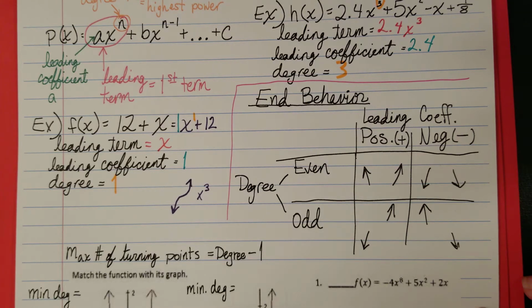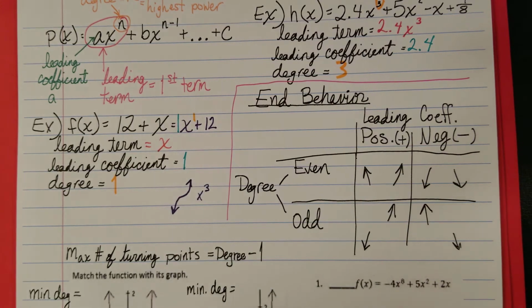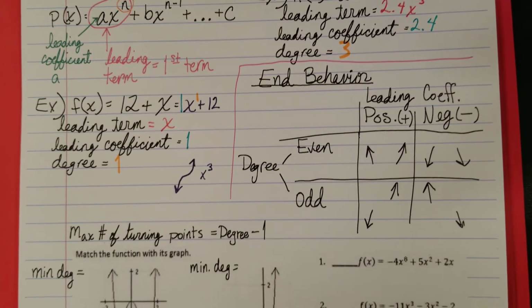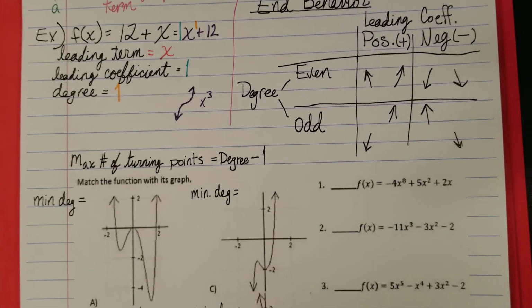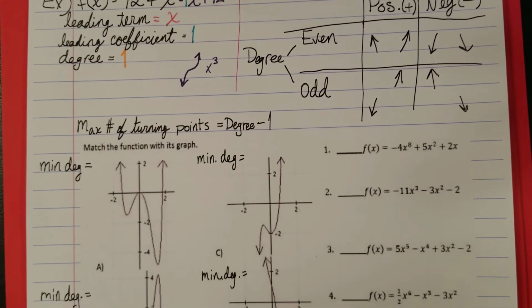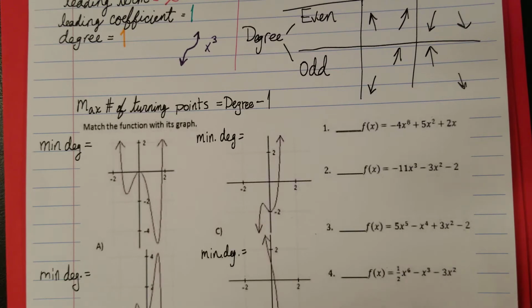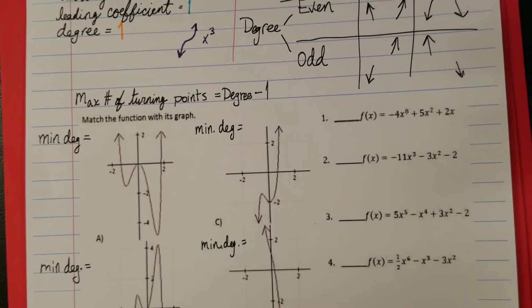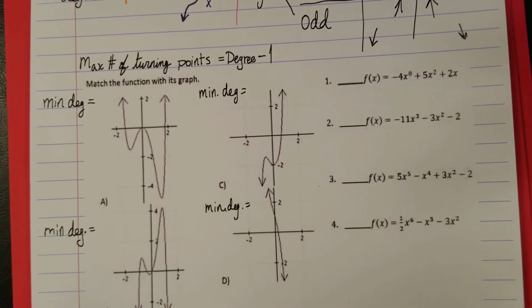So let's start by just looking at this multiple choice problem, or matching type problem, I should say, to match up the graph with the function. And we can do that just from the degree and the leading coefficient.